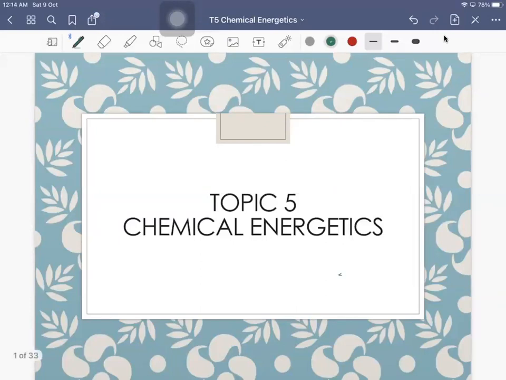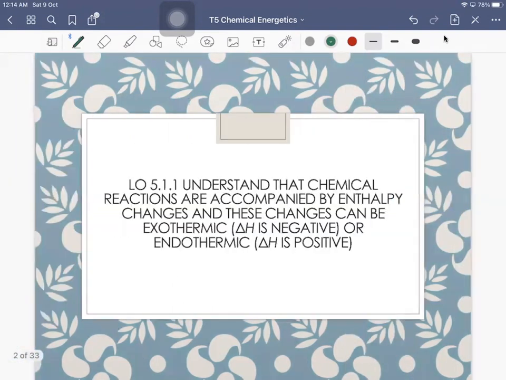Another name for this concept is thermodynamics. Okay, so often you will see that some textbooks and websites will use the term thermodynamics. This means this is referring to the heat and the energy involved.